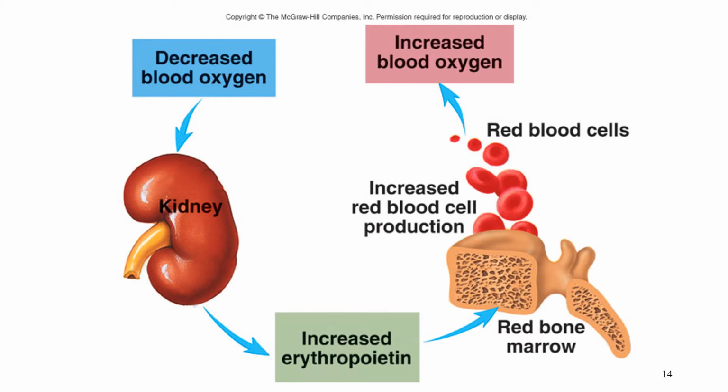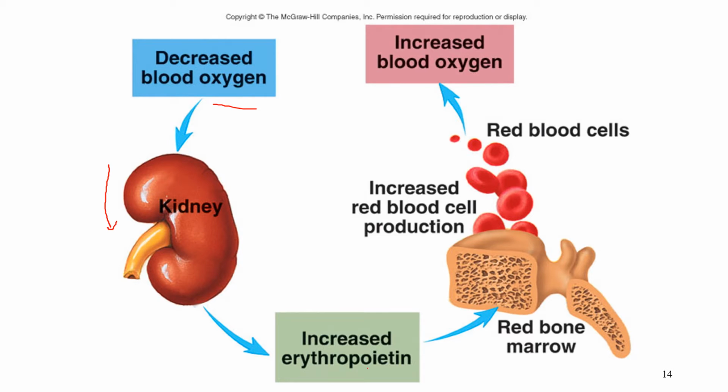So this is actually just an example of how your red blood cells are being developed or being reproduced. So decreased blood oxygen would stimulate your kidneys. So in response to the decrease of the oxygen, the kidneys would increase its erythropoietin secretion.